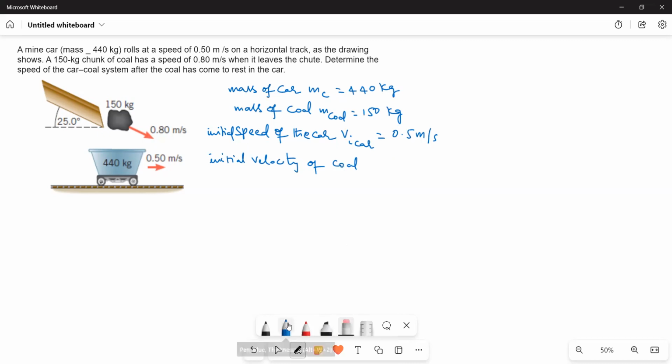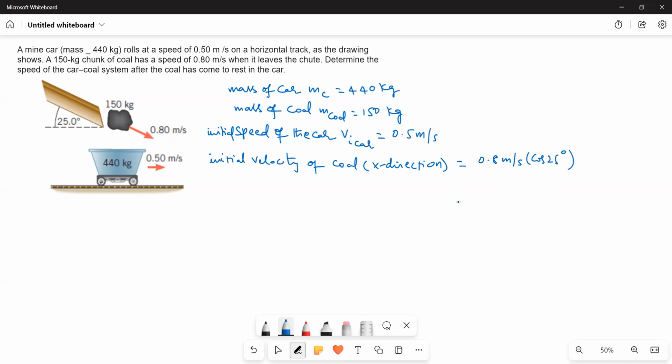Okay, we need the x direction. X direction is equal to 0.8 meters per second times, this is 25 degrees, the x direction is the adjacent side. So this will become 0.8 times cos 25 degrees.